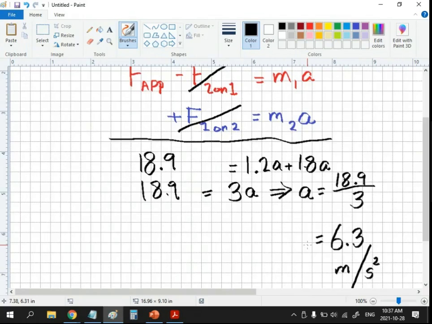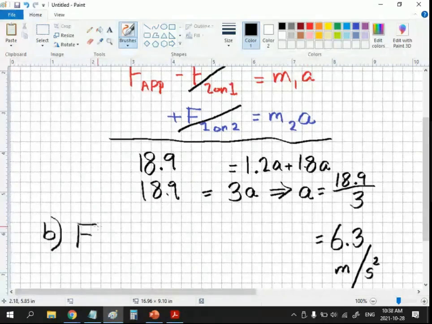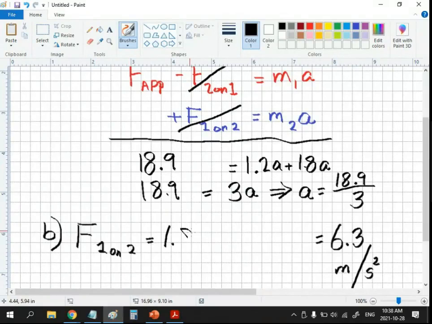Can I use this equation now? Yes, we can. So for part B, everyone, you can say F1 on 2 or 2 on 1. But if you want to keep using this equation, F1 on 2 equals mass 2, which is 1.8, times 6.3.